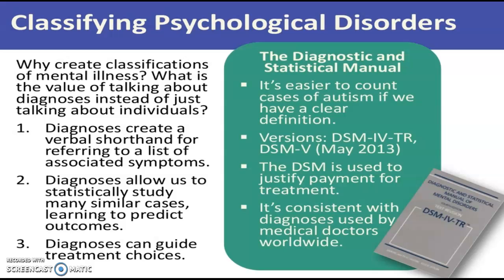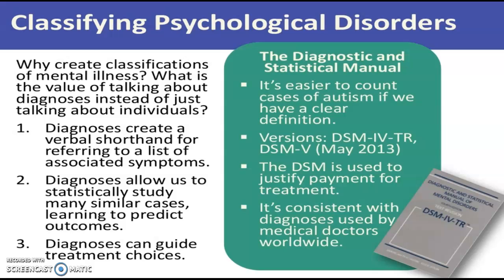But if we look at trying to classify psychological disorders, there are some benefits into how this tool is used and why it is used. Number one is the diagnoses that are given. If we diagnose an individual having generalized anxiety disorder or illness anxiety disorder or bipolar disorder, this does create a shorthand that clinicians know, whether that be a doctor or a clinical psychologist, that they know how to refer to the various symptoms that are associated with the specific psychological disorder.